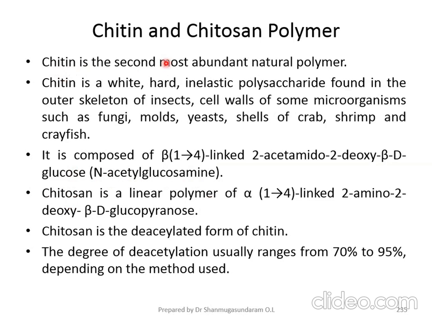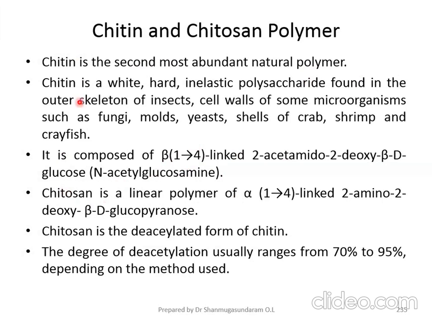Chitin is a natural polymer abundantly available in nature next to cellulose. Cellulose is the first most abundant natural polymer, whereas chitin is the second most abundant. The chemical structure of chitin is N-acetylglucosamine.